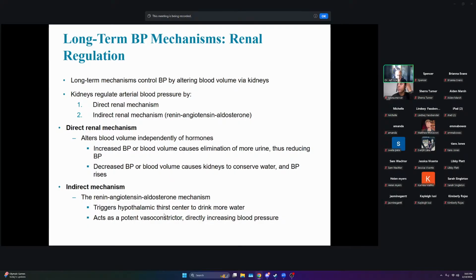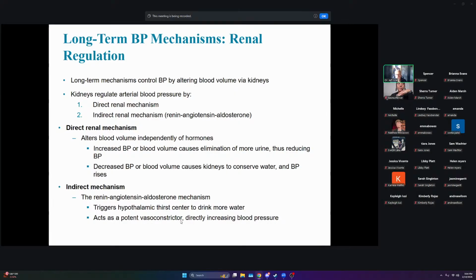Okay? In concert with that, at the same time, because it takes a little time for you to get thirsty enough to drink the water and then for its way to make it to the kidneys, right? So at the same time, the renin, angiotensin, aldosterone mechanism will also hormonally start vasoconstriction, tightening the walls of the lumen, which we said, remember, the number one method of increasing resistance is vasoconstriction, to reduce the size of a lumen.